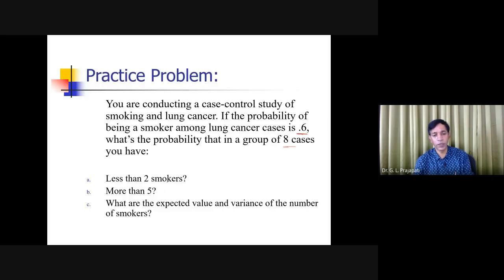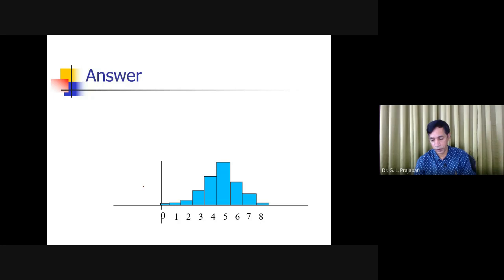So how can you obtain the probability for 6 smokers, the probability for 7 smokers, and the probability for 8 smokers? And how can you determine the expected value and variance of the number of smokers? First, the case of less than 2 smokers.